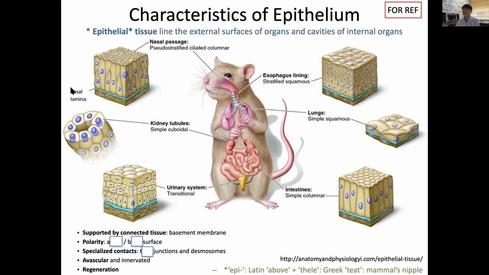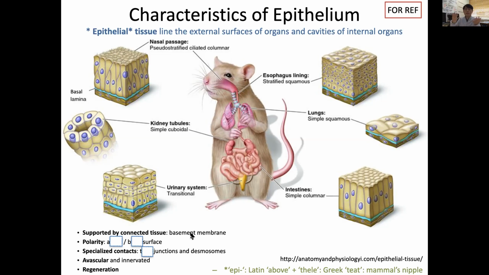Sometimes we call it the basal lamina, usually in electron microscopy, but in light microscopy, we call it the basement membrane. This is very important to distinguish: epithelial cells always sit on top of the basement membrane, which lets the cell know which side is up and which is bottom.